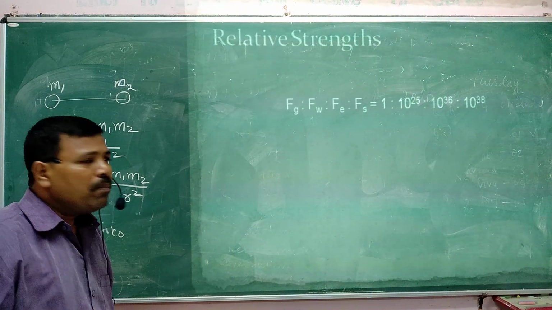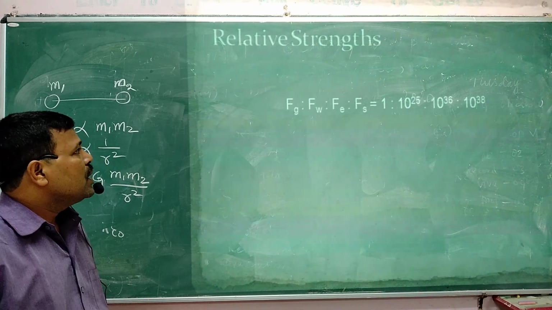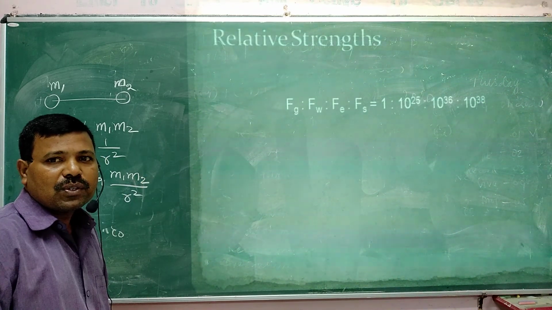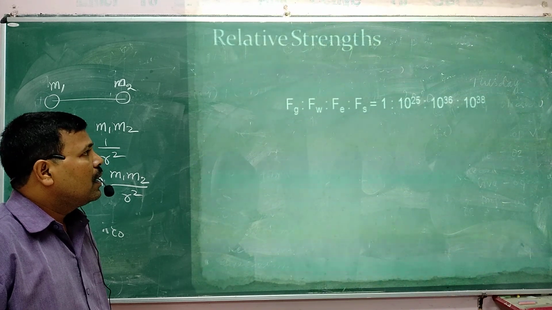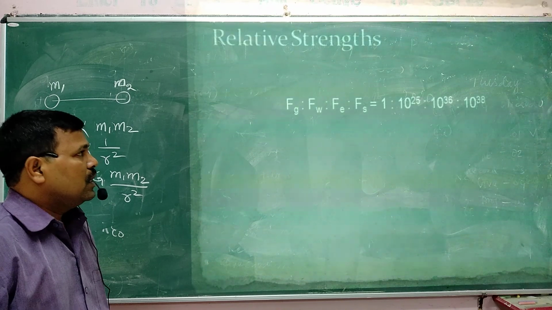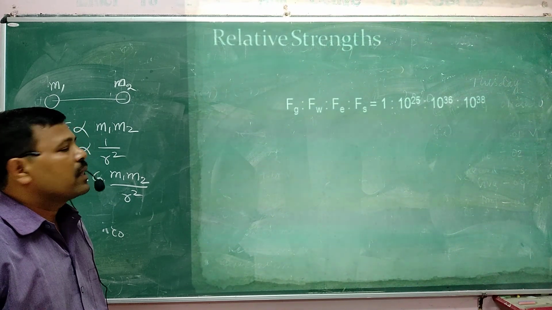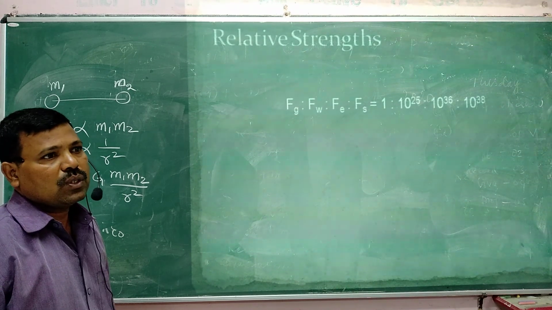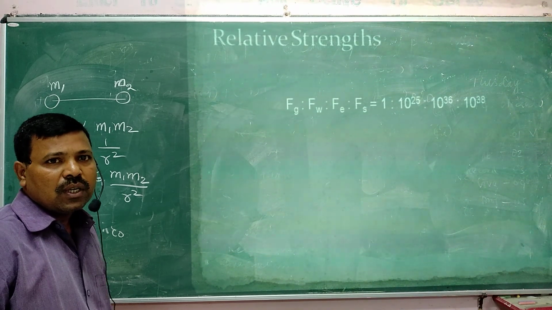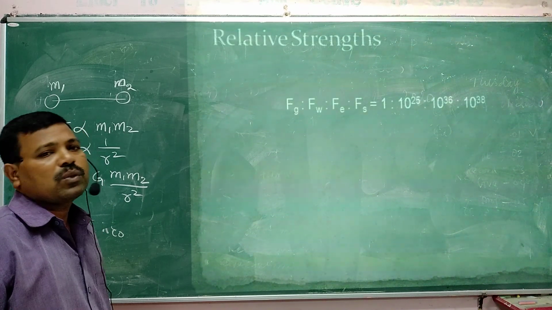And the electromagnetic force is 10 to the power 36 times stronger than gravitational forces. And strong nuclear forces is about 10 raised to 38 times stronger than the gravitational forces. With this, we learned about the fundamental forces in nature.